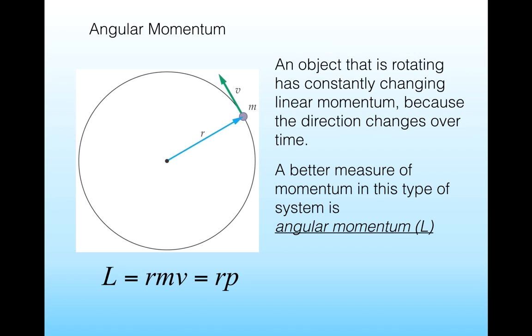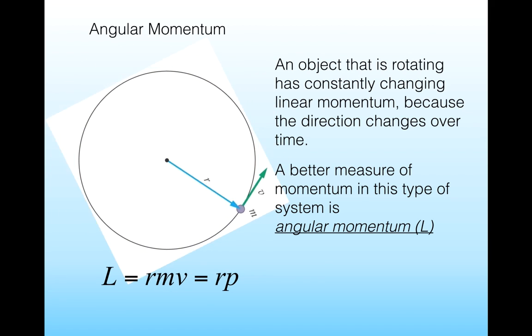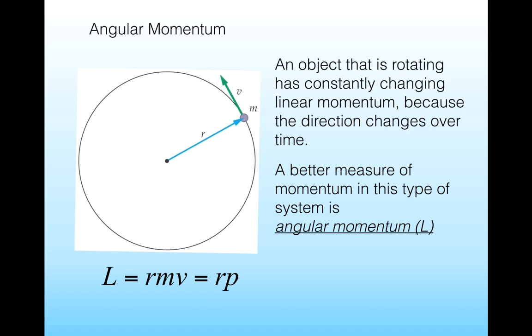Before we leave, there's one more momentum type of concept that we want to touch on, and that's angular momentum. So if we have an object that's rotating around in a circle, it has some constant velocity that it's moving in that circular motion, and it has an angular velocity of omega.